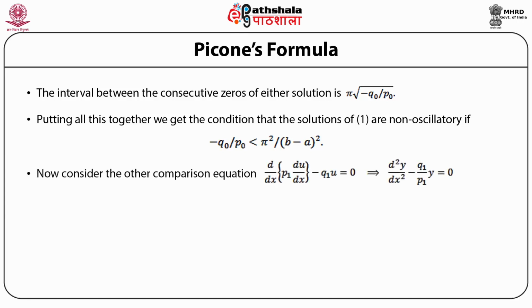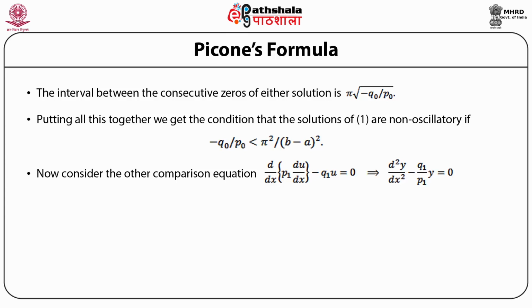Now consider the other comparison equation given as d/dx of (p1 into du/dx) minus q1 into u is equal to 0. The equation may be simplified as d2y/dx squared minus (q1/p1) into y is equal to 0.